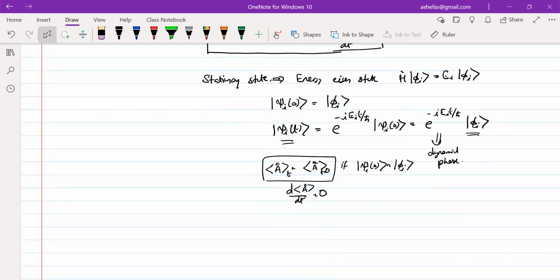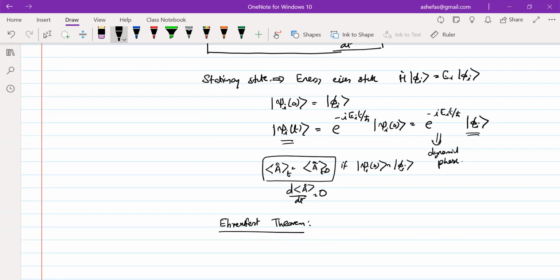And finally, we have discussed the Ehrenfest theorem. The Ehrenfest theorem states that the equation of motion of a classical dynamical variable and the quantum mechanical expectation value will follow the same structure.